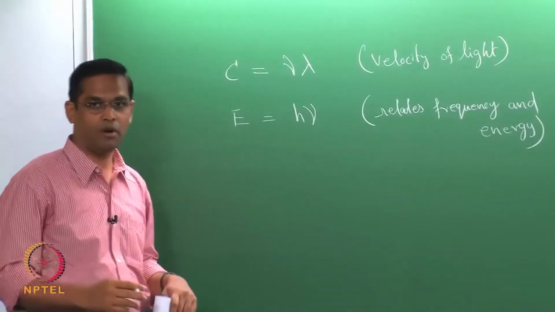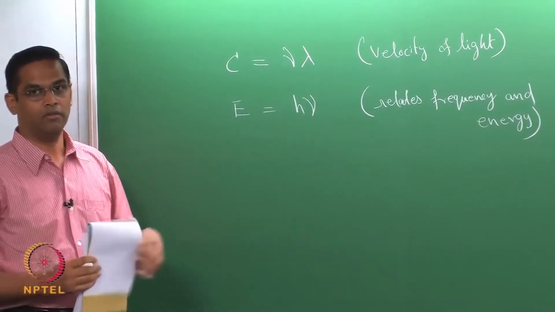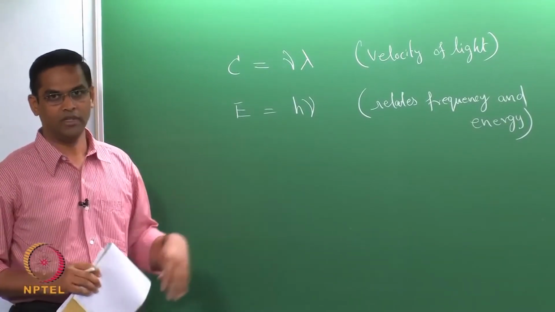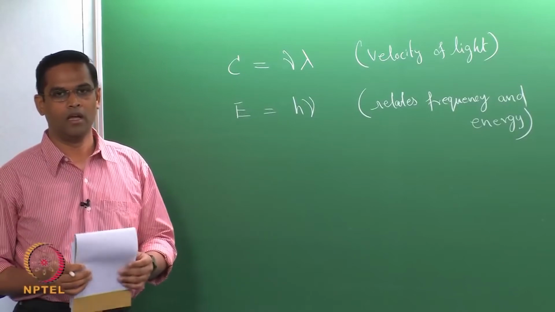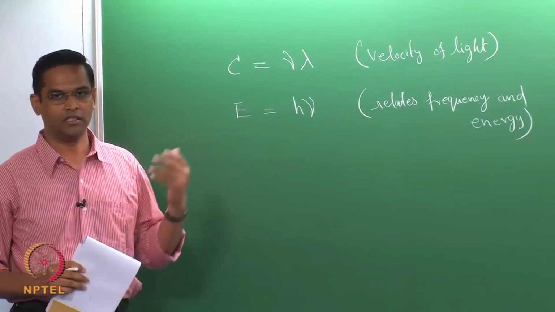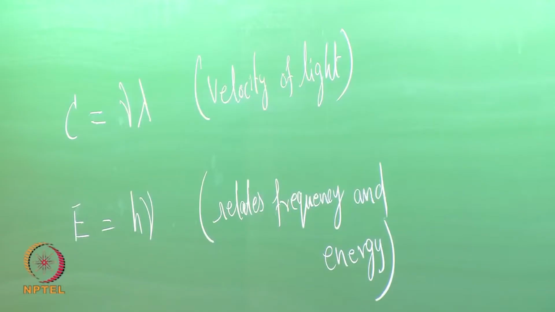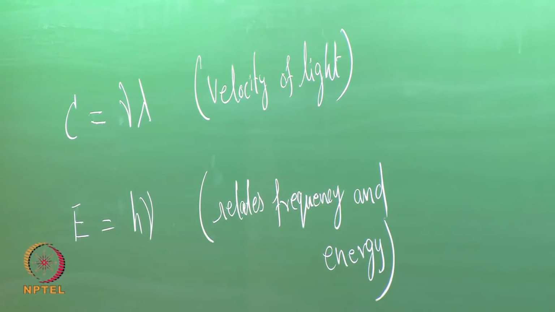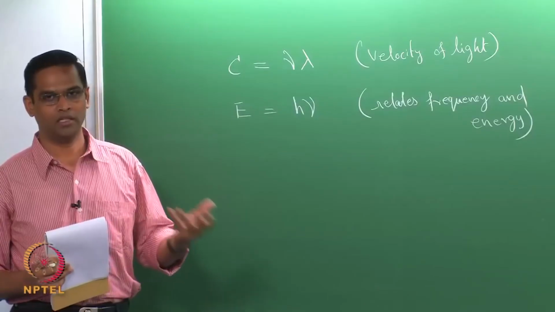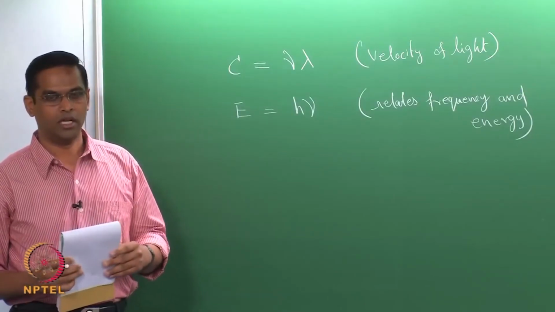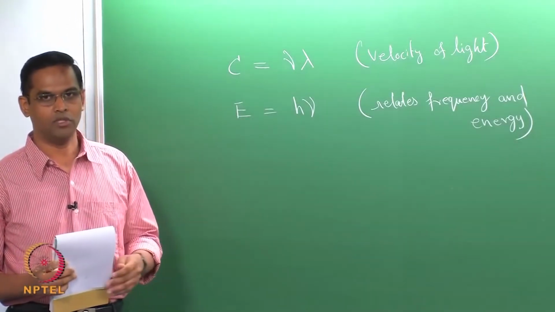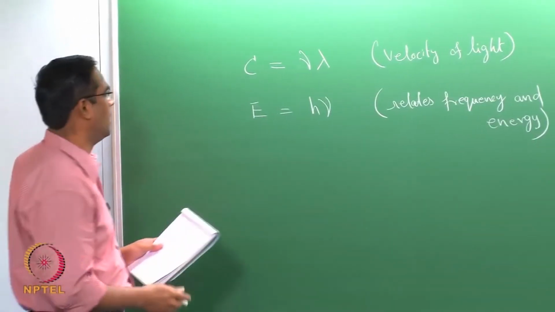This equation is important because we are going to see that when light passes through glasses, it changes its velocity, and it will be useful to choose the kind of radiation we are going to use to look at the structural features. For example, in biological samples, the appropriate radiation has to be chosen based upon the energy.